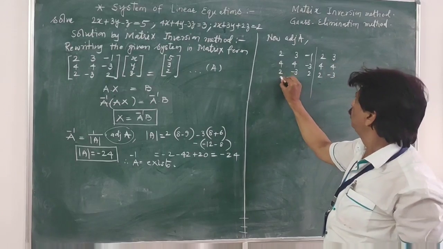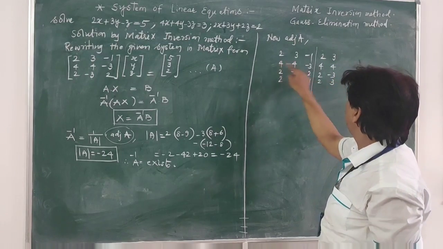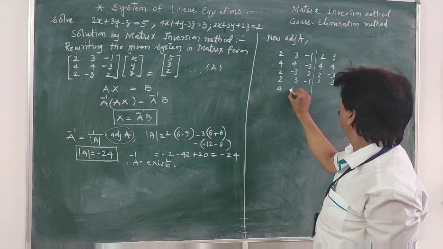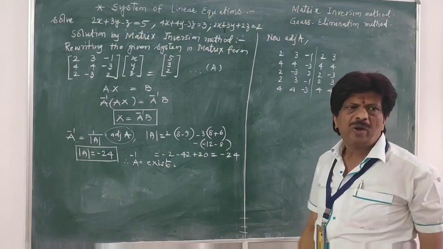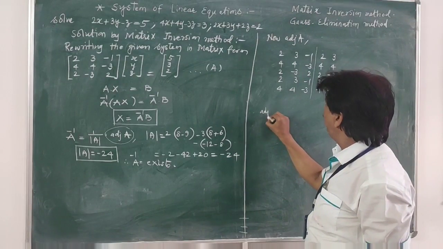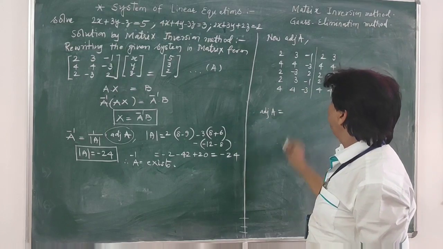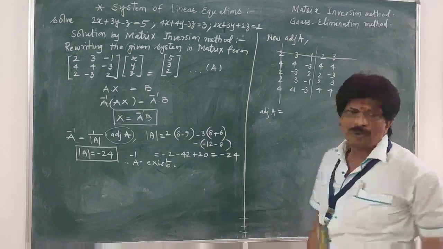The first row is 2, 3, minus 1, 2, 3, and the second row is 4, 4, minus 3, 4, 4. Now you have almost obtained the adjoint of A. Now the adjoint of A is obtained by deleting the first column and the first row.